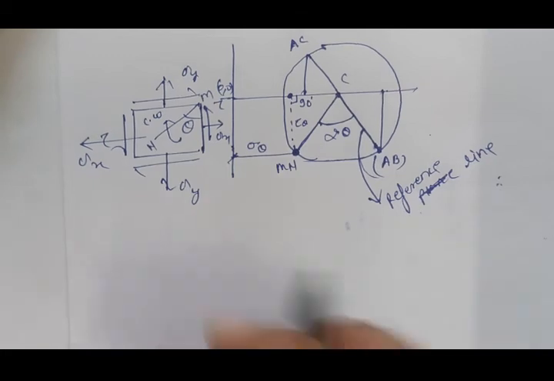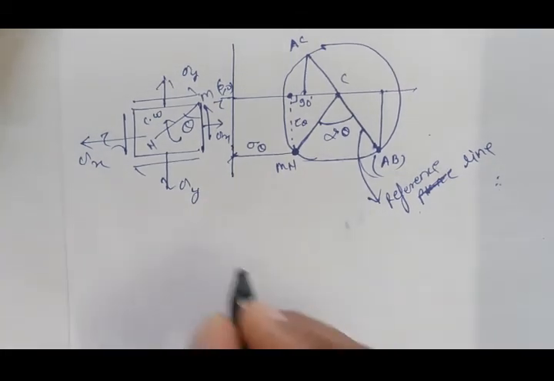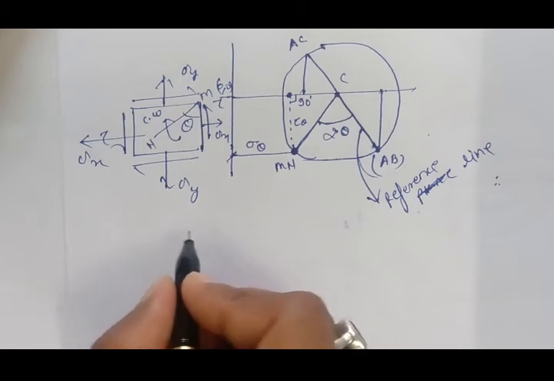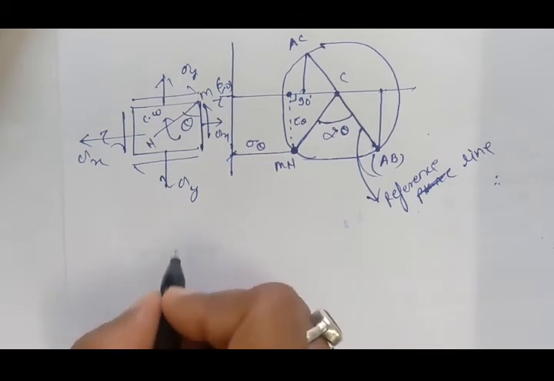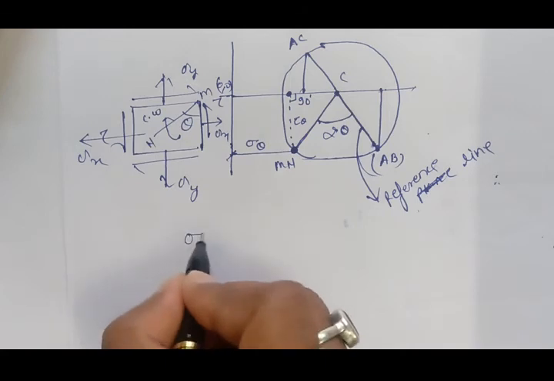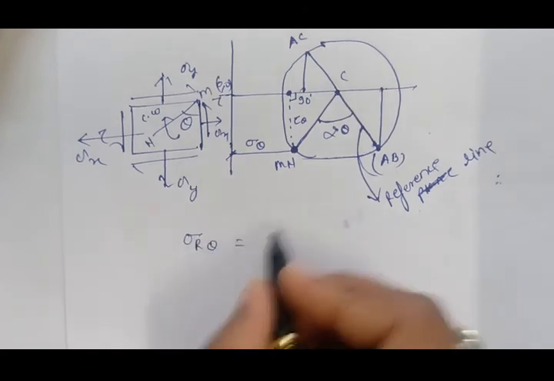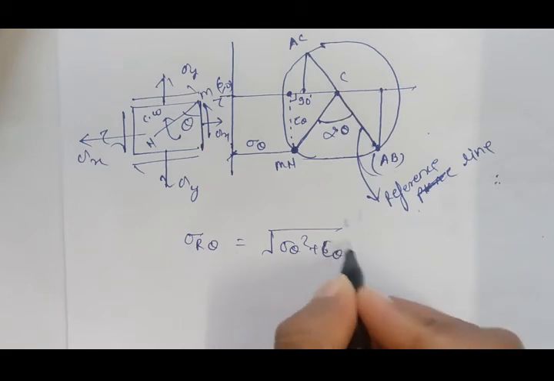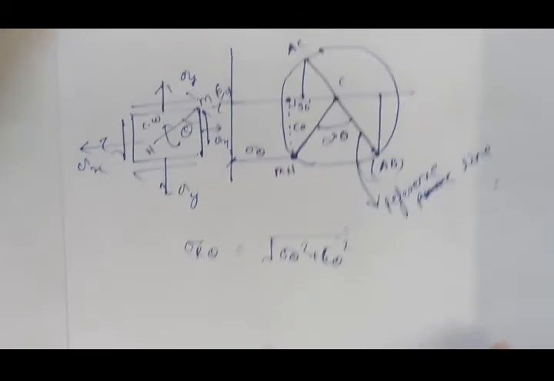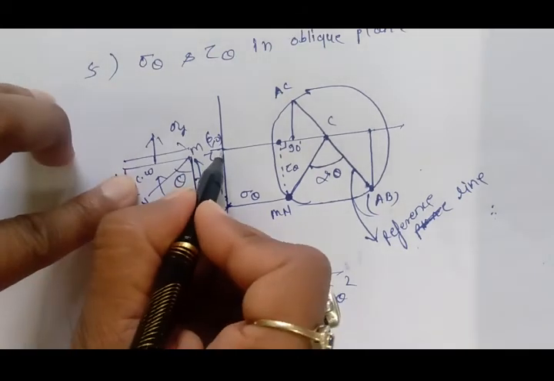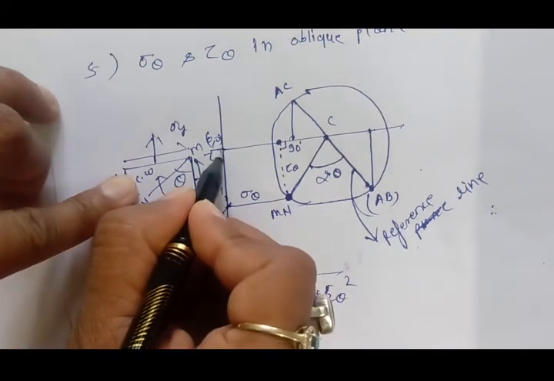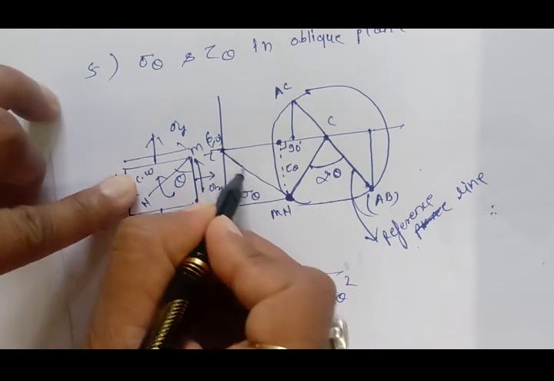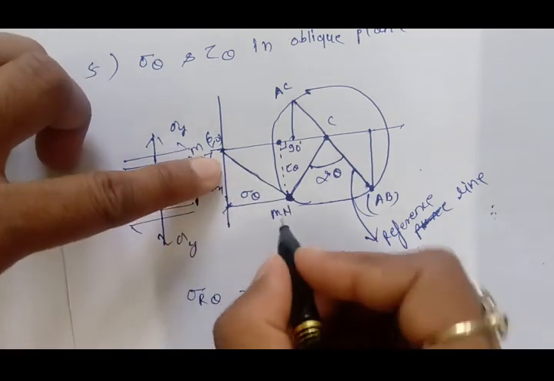Okay, now how can you find the resultant? As we have seen in the analytical method, this resultant stress sigma r at the oblique plane is obtained from sigma theta and tau theta values. Here in this Mohr circle, we can draw a line joining the origin to the mn plane.